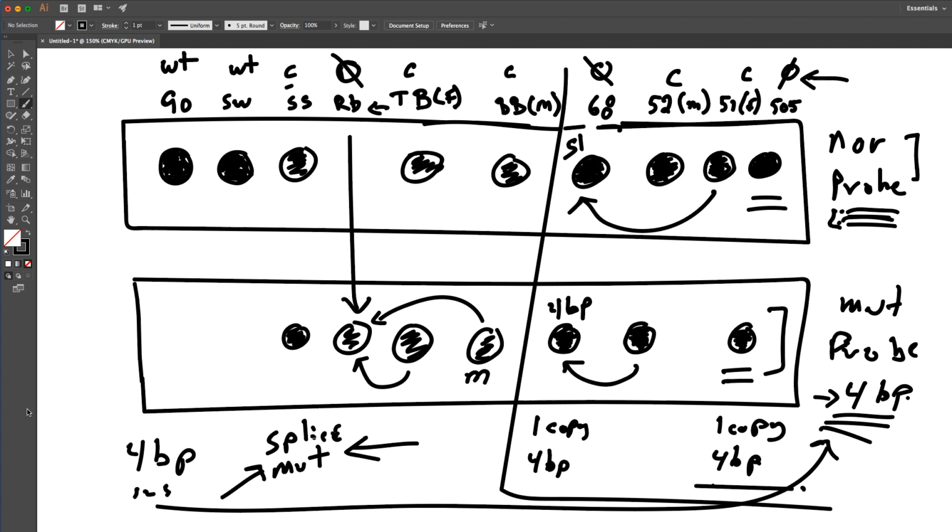But here's what I think is cool and why I like the paper so much, because they've now been able to develop two different tests, one that covers 70% of the cases in the Jewish population and another mutation that covers 20 to 30%.